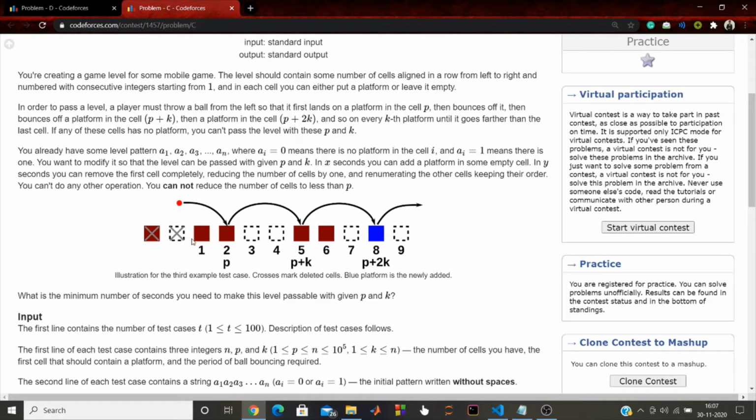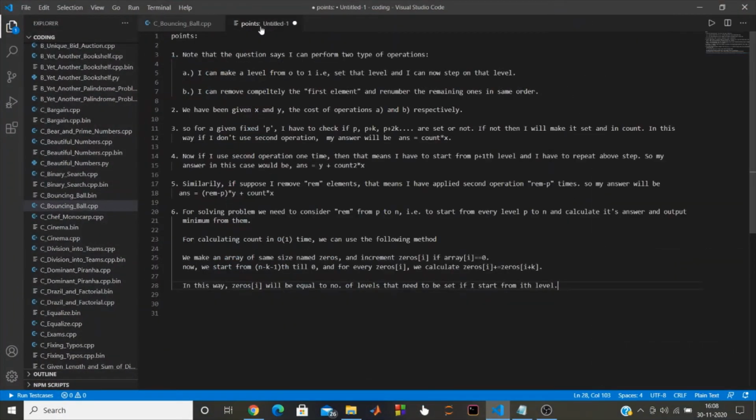If I remove x elements, I will be starting my jump from p plus x instead of p. I have to minimize the total number of seconds using any of these operations. So let's see the implementation.